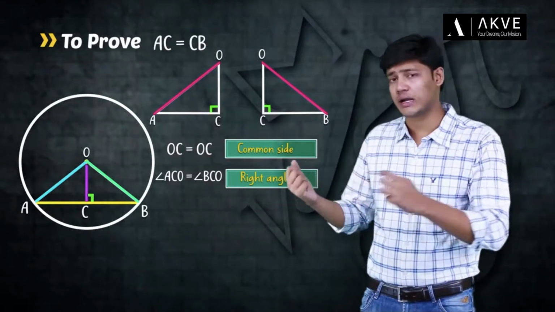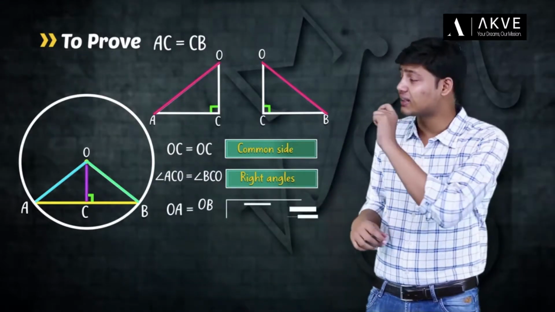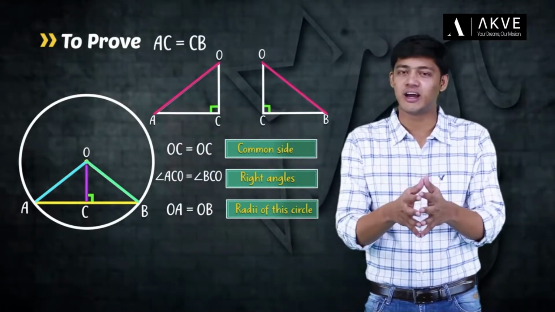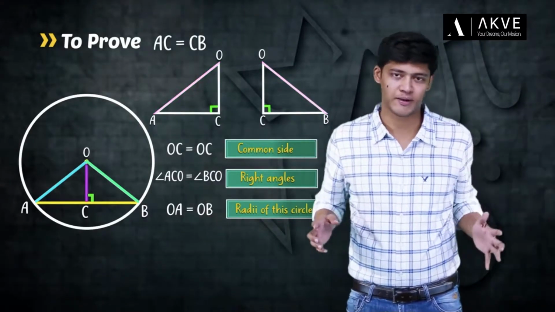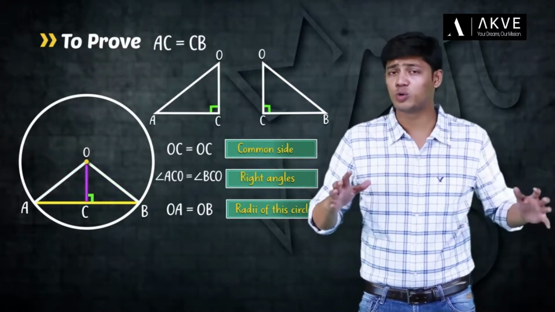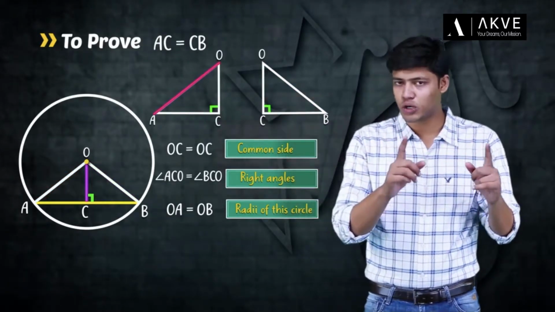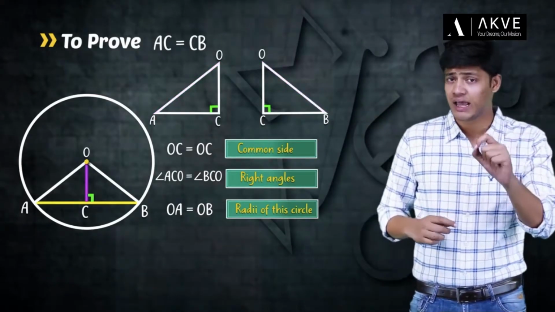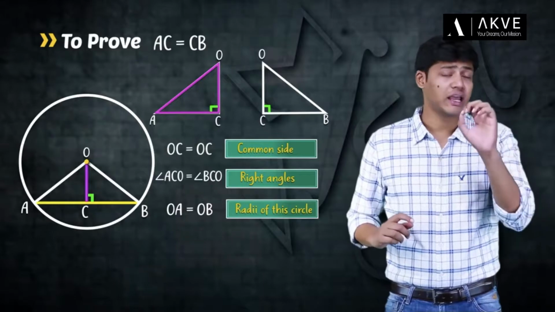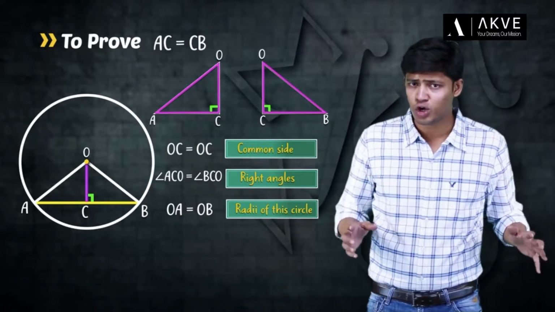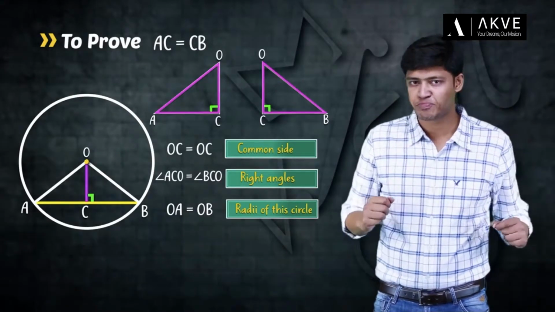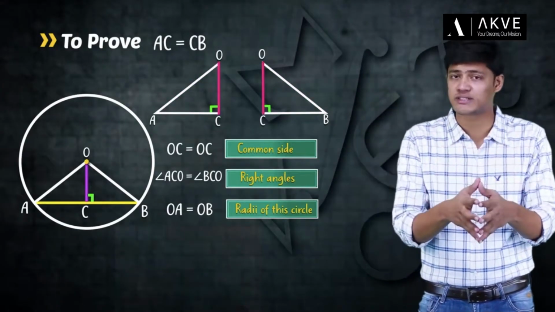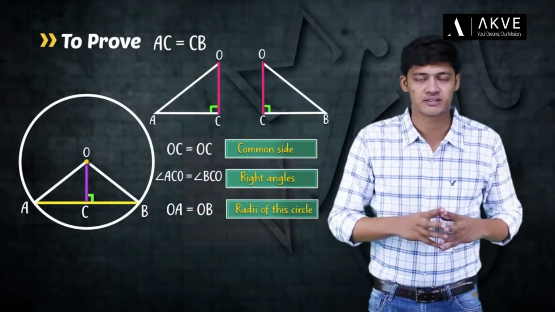Yes, of course they are equal, since they are the radii in the circle, and we know that radii are equal in a circle. So, we concluded that OA is equal to OB, which are the radii in the circle, and angle ACO is equal to angle BCO, which are the right angles, and OC is equal to OC, which is the common side for both these triangles.